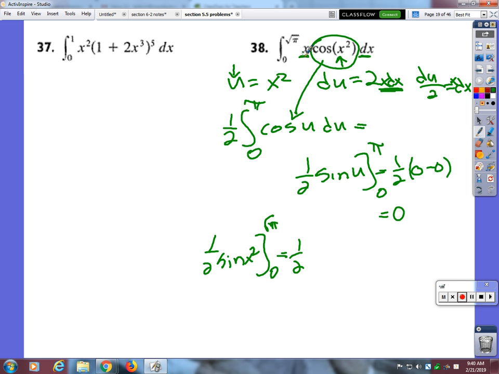But then I still have an x and a dx, so that's why we have to do this derivative thing. If I take the derivative of my u substitution, I get 2x dx, but I only want x dx, so to get rid of this 2, I have to divide both sides by 2. So then this piece right here, the x dx, becomes du over 2. Okay?